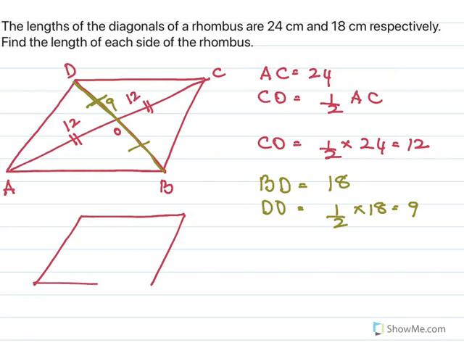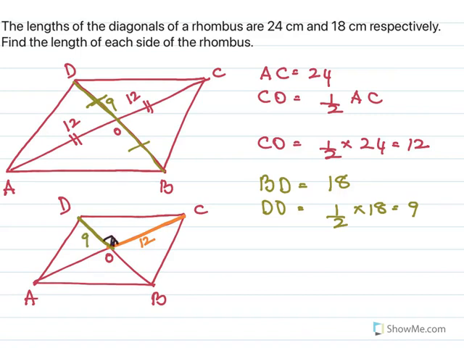Here is a rhombus, A, B, C, D. These were the diagonals. They intersected here. At this point, we saw that this diagonal part was 12. And this part was now 9.